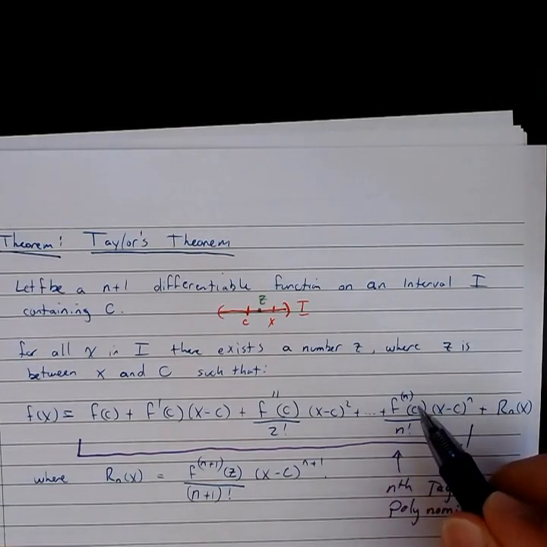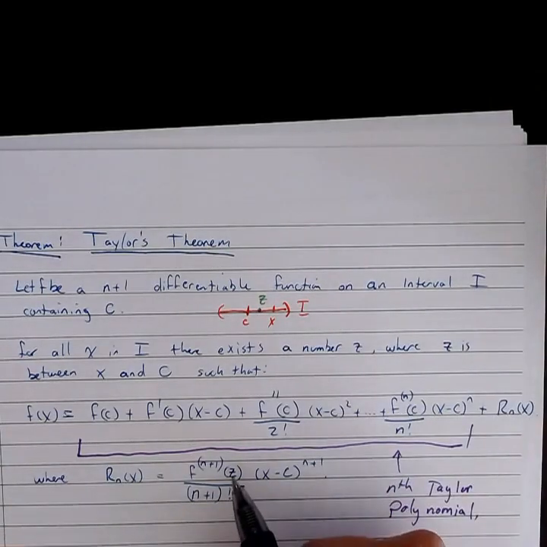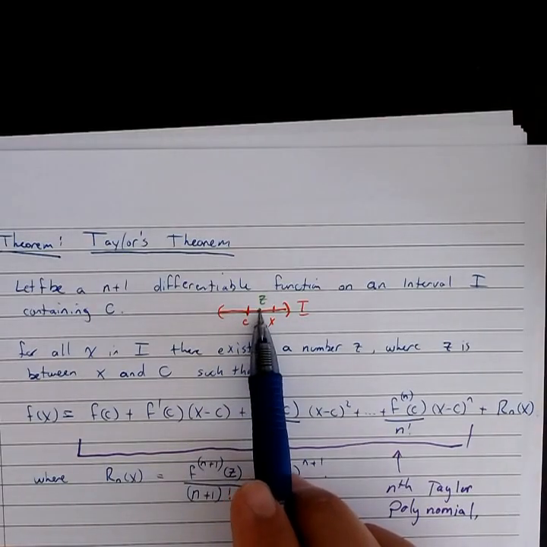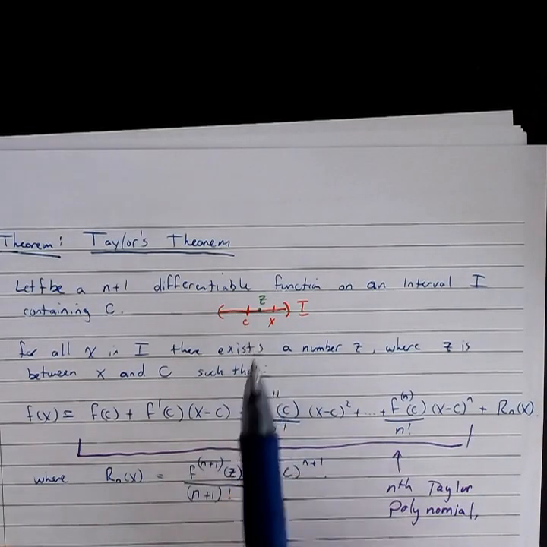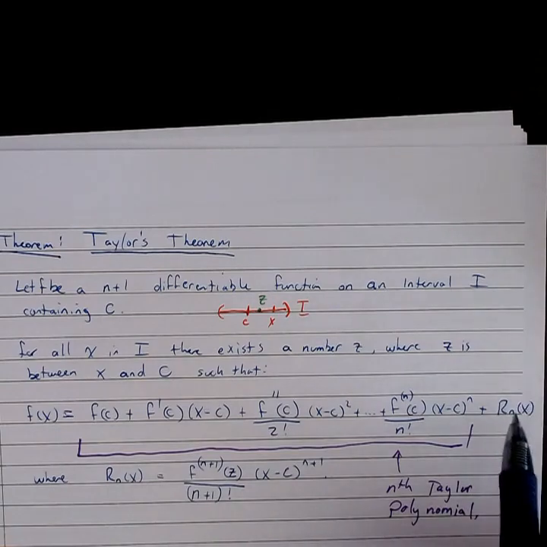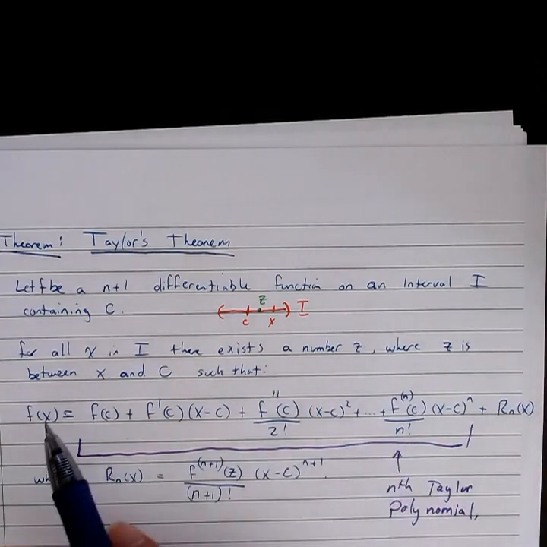But normally, I plug in the number c. I plug in my center. What Taylor's theorem says is that somewhere near the center, some other number z, if you plug that number in, that gives you a remainder that, if you add it to these terms, makes it exactly equal to your function.